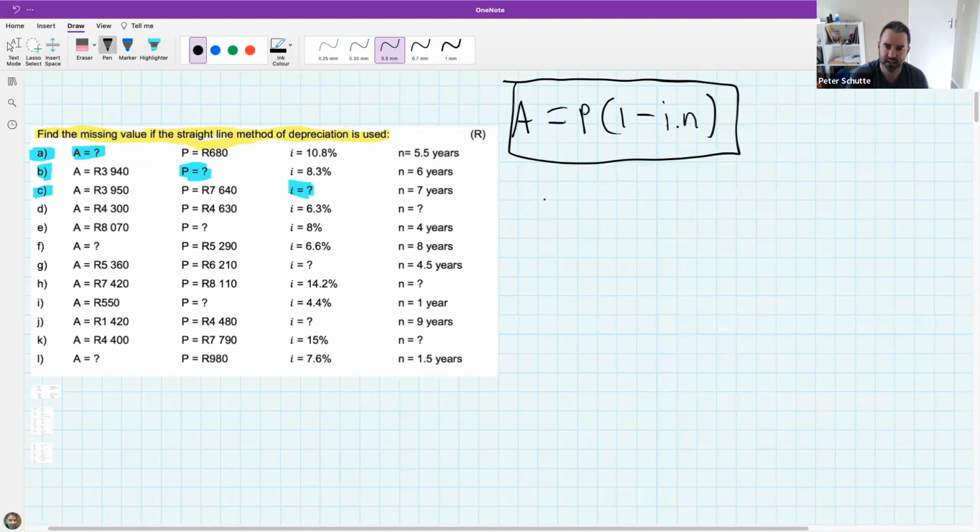So I want you to give those 3 questions a go, just to see how comfortable you are with using the formula to find different values. If somebody is unsure, I would encourage them to ask a question or put something in the chat that I can respond to. Otherwise, over to you, see what you can do to make that happen.